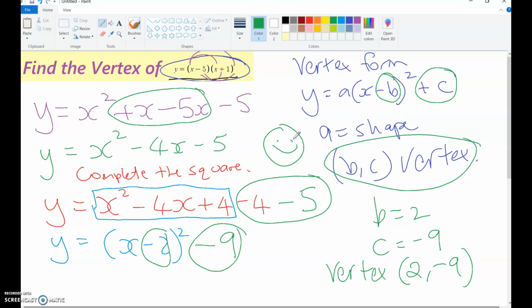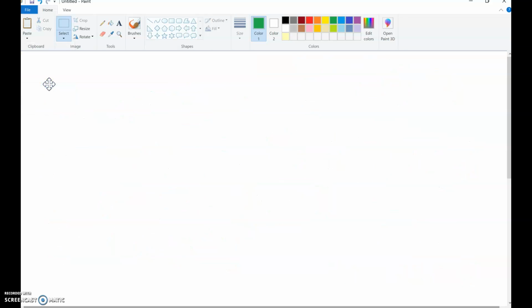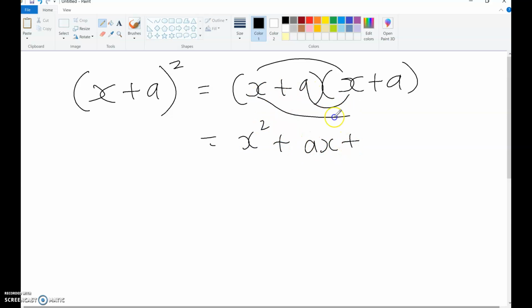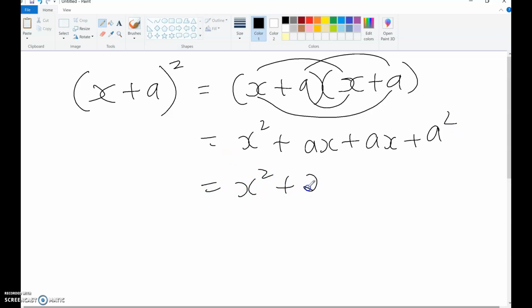Maybe you want a bit more explanation. You can stop watching now, or you can listen a little bit more. So, yeah, if I had, for example, x plus a squared, that's x plus a times x plus a, which equals x squared plus ax plus ax plus a squared, which is x squared plus 2ax plus a squared.